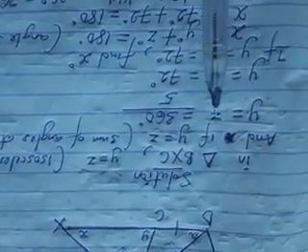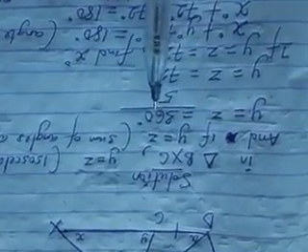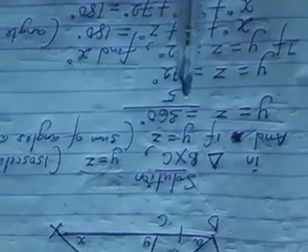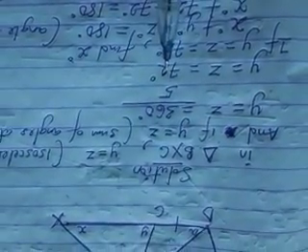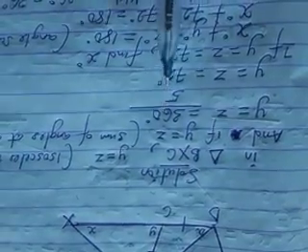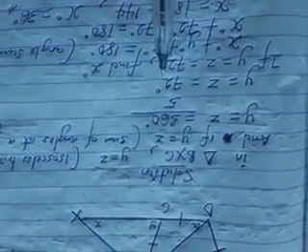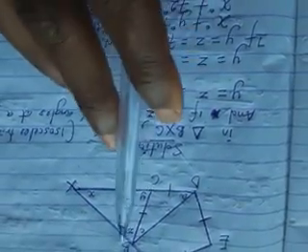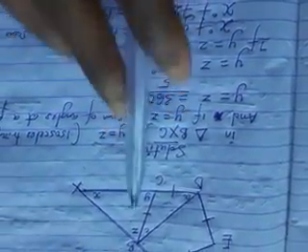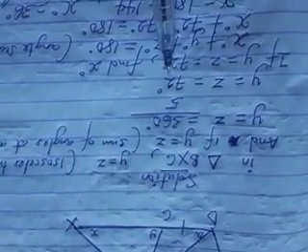Since y is the same as z, you now say 360 degrees divided by 5. 360 degrees, sum of angles at the point, 5, number of sides of the pentagon. So 360 divided by 5, you have 72. Therefore angles y and z are 72 degrees.